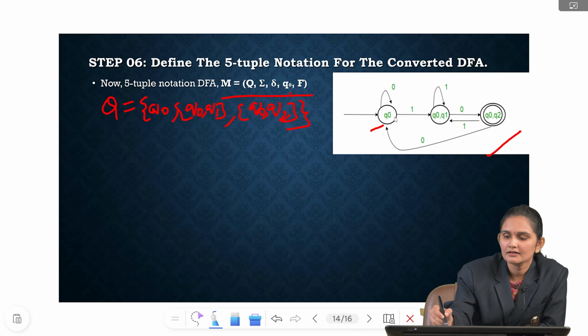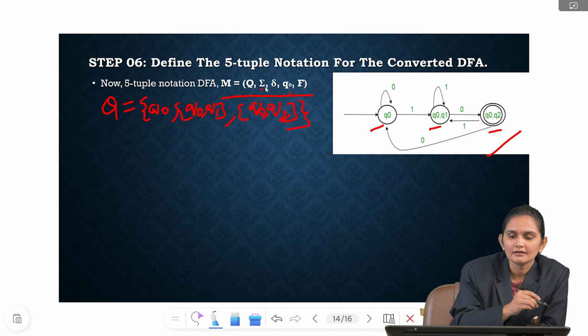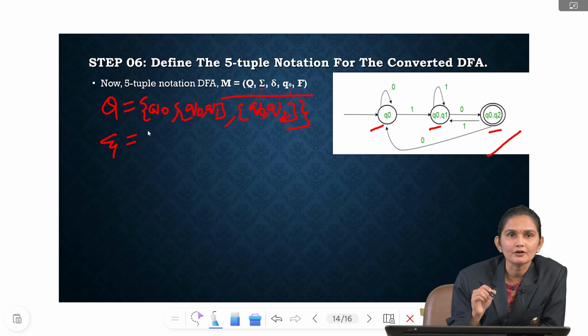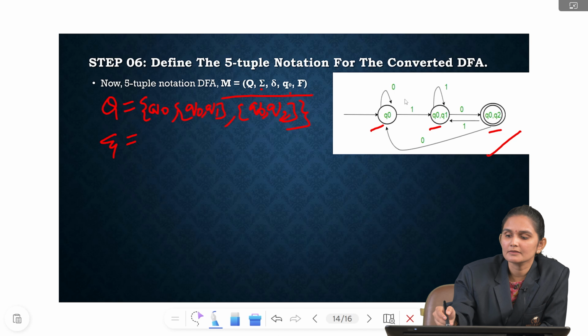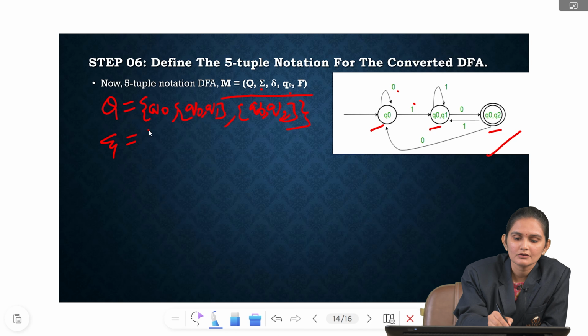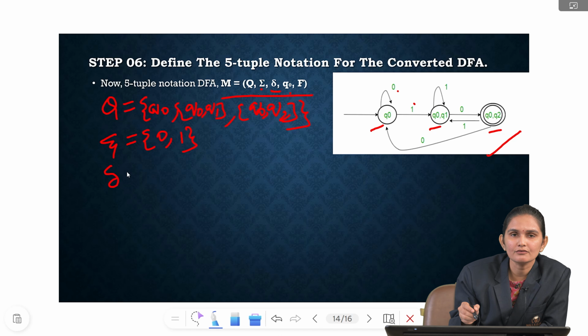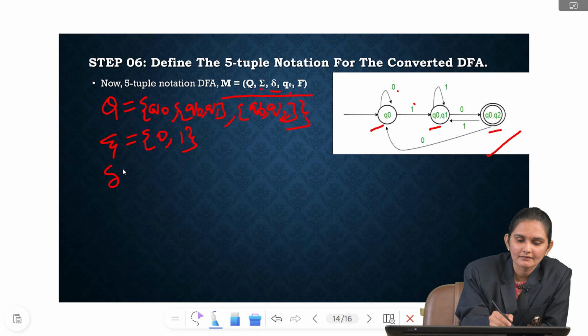These are the formed states for the new DFA. Next, sigma, which is also called the alphabet, meaning a finite set of input symbols. What are the input symbols here? 0 and 1. Next, the transition function, which we need to write for each state with each input symbol.